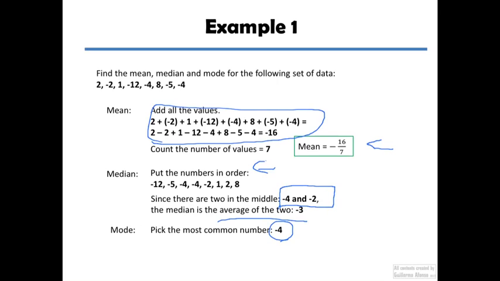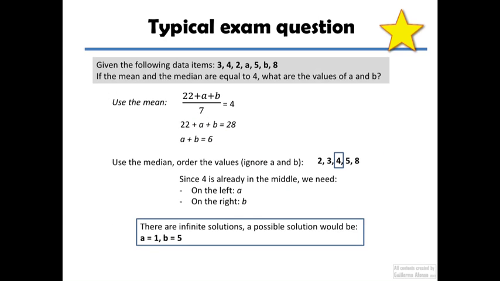Sadly, often questions that relate to central tendency values tend to be a little more complicated. For example, this one here, where they give you this list, but they realize they have an A and a B here. Now that generally scares students. Don't worry about it. It's not that hard. You use the mean to establish one formula. There you have it. And now you have to think for a little bit.